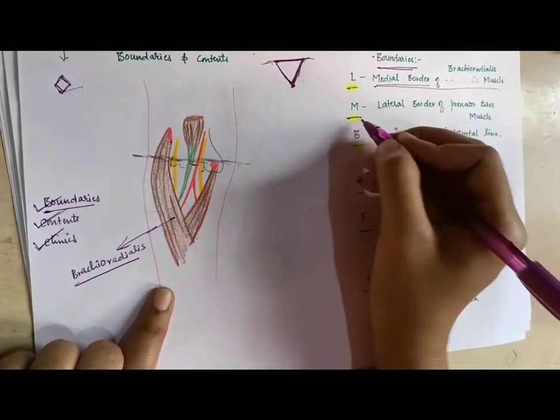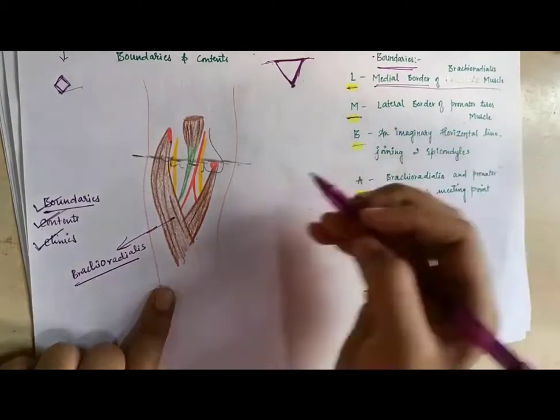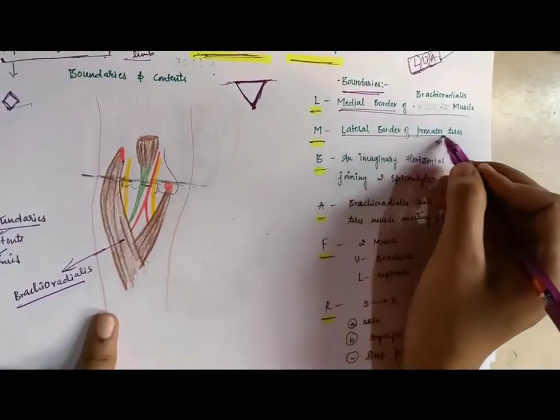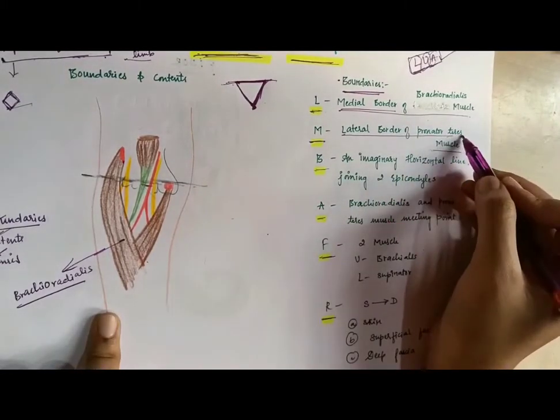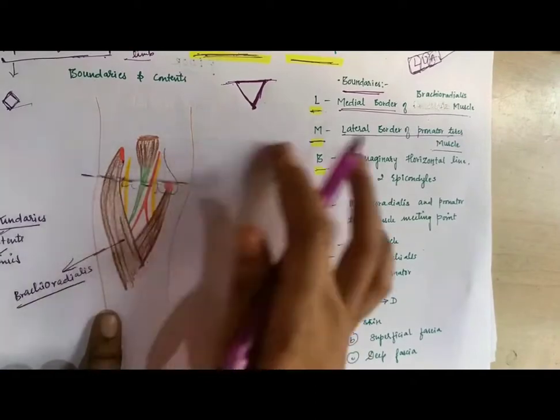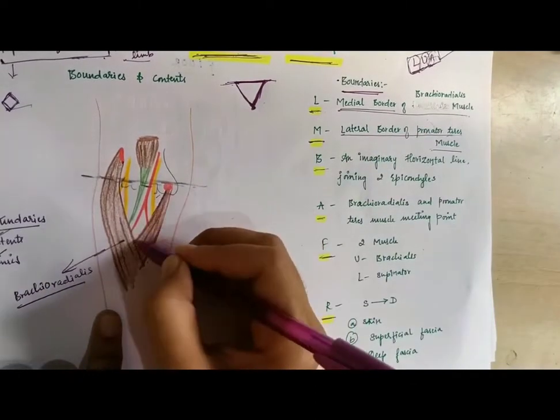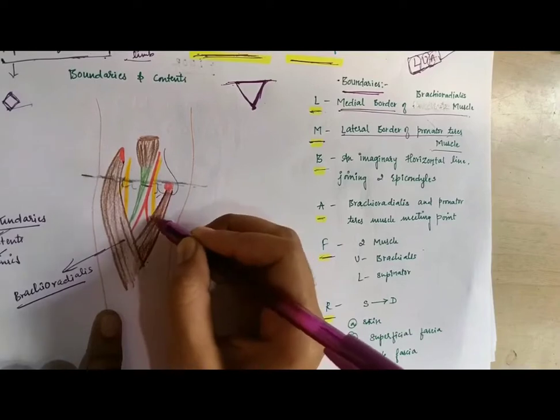And next, coming to medial border or boundary. Medial boundary is made up of the lateral border of the pronator teres. What is pronator teres? It is the muscle of the flexor compartment of the forearm. So this is the pronator teres. The muscle right here is the pronator teres.